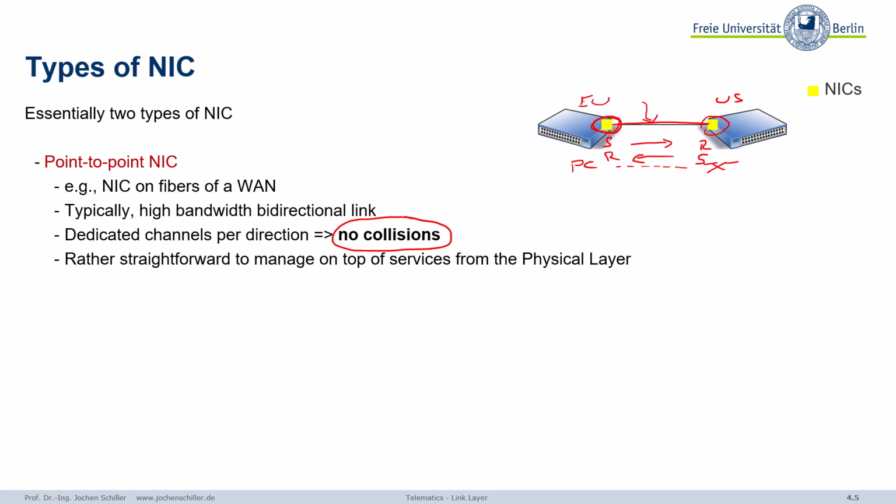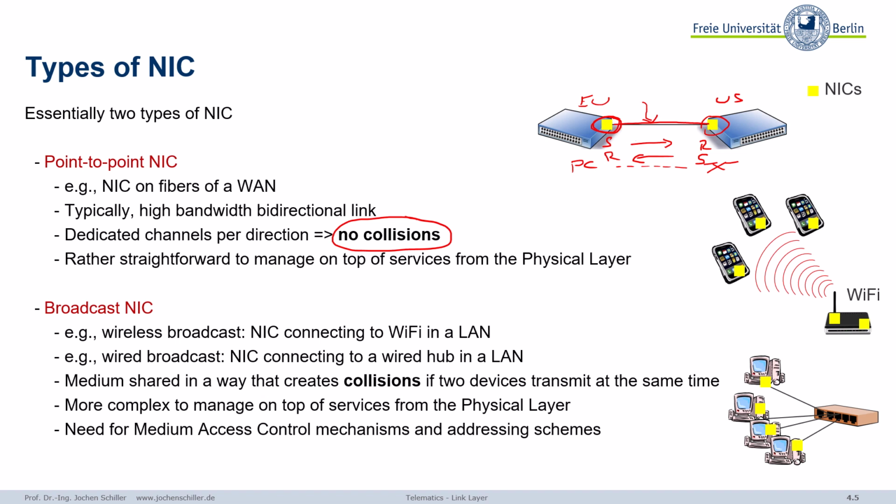But there are also situations where we have something that's called a broadcast NIC. So all the wireless systems, they typically broadcast. So Wi-Fi systems, you have your Wi-Fi hotspot sending something to the devices, but also the devices can send something to the hotspot.